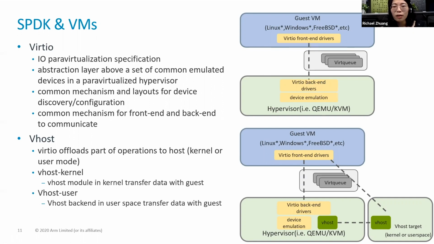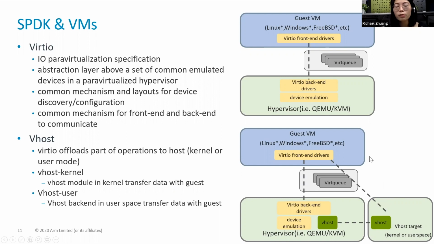And VirtIO offloading parts of operations to the host is called Vhost. It includes Vhost kernel and Vhost user. The difference is that for QEMU VirtIO, it is QEMU that deals with the state with the guest. For Vhost kernel, it's the Vhost module in the kernel space that transfers data with the guest.